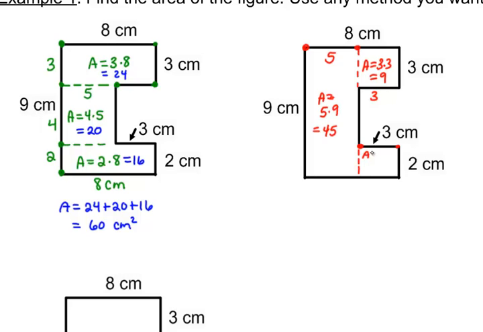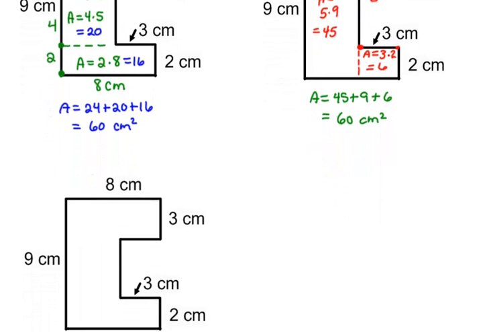And this area is equal to 3 times 2, which is equal to 6. So my total area is equal to 45 plus 9 plus 6, which is equal to 60 centimeters squared. Okay. So that's when you break it apart.